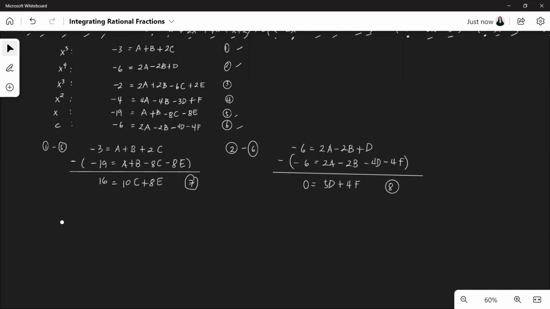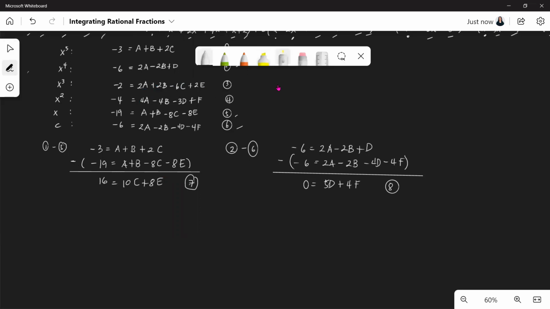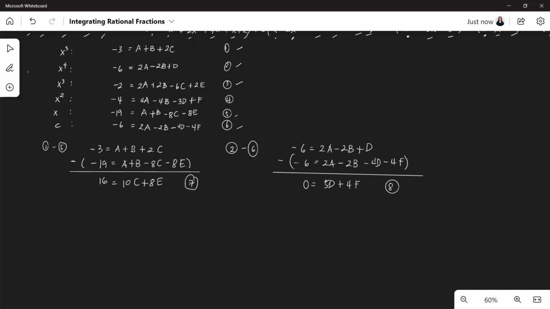So we can have relationships of C, E, D, and F. C and E, and then D and F. So how about relating C, E, D, and F using equations 3 and 4? But we need to eliminate A and B. If we are going to eliminate A and B, the coefficients must be equal. So we need to multiply equation 3 by 2 first.